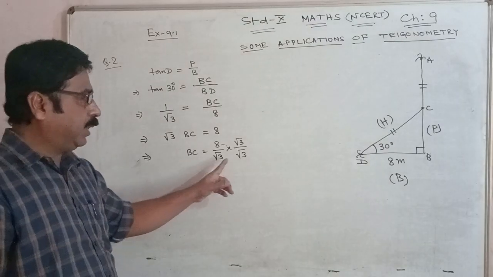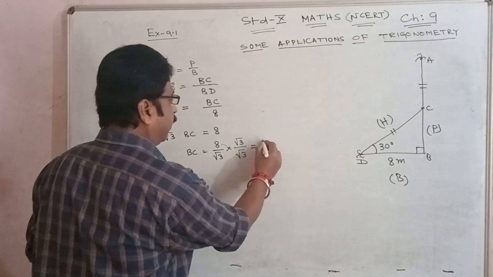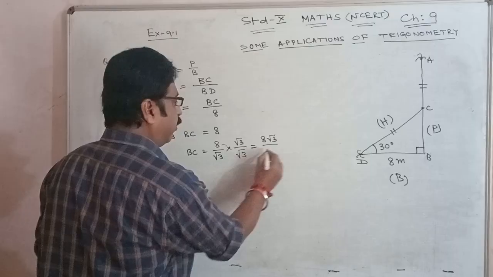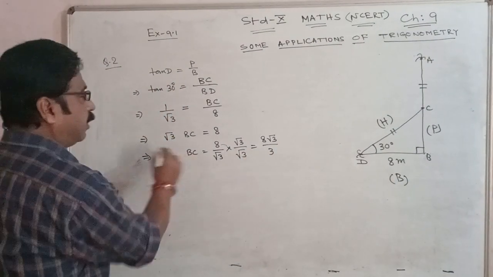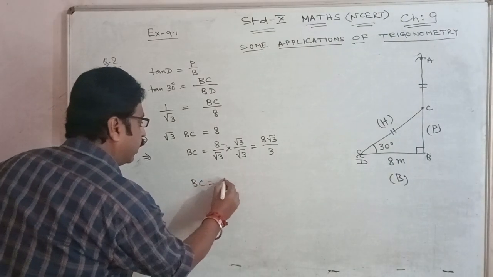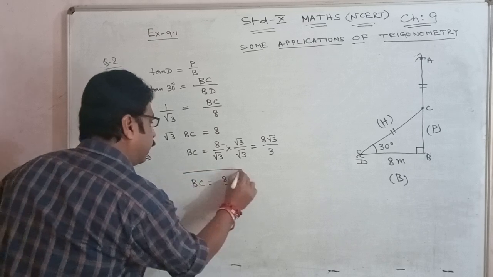Now, root 3 into root 3 is 3. Upper part will be 8 root 3 and denominator will be 3. So, what value we got for BC? BC is 8 root 3 upon 3.